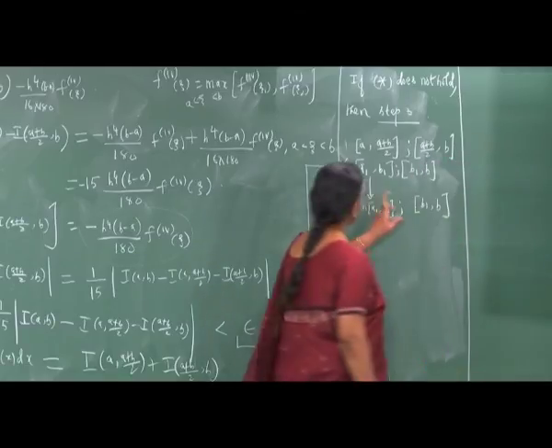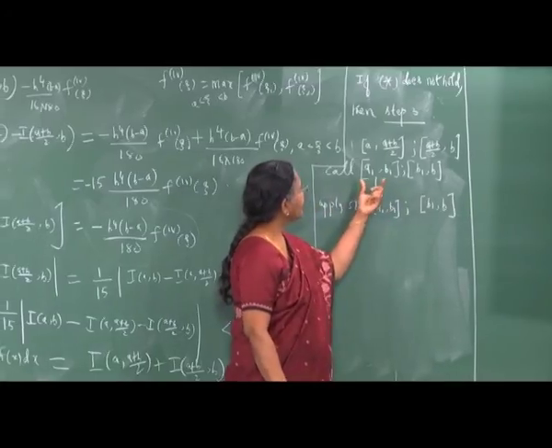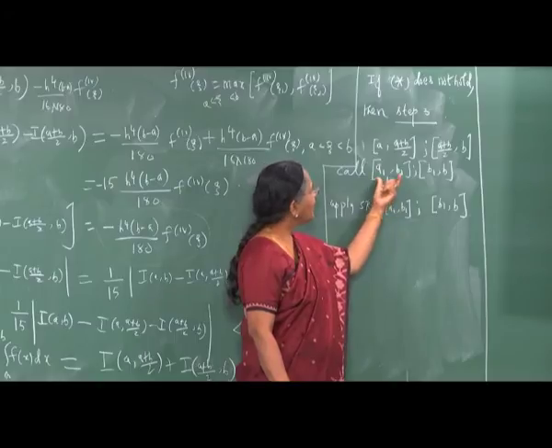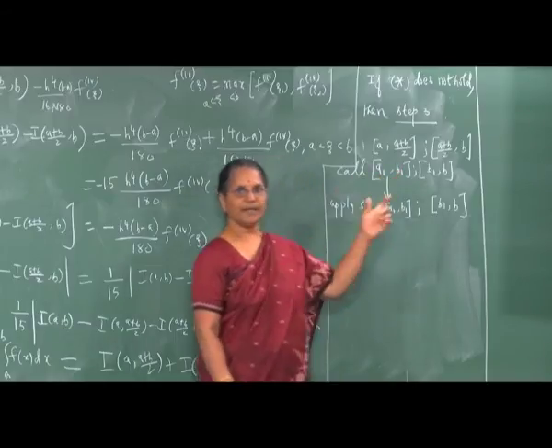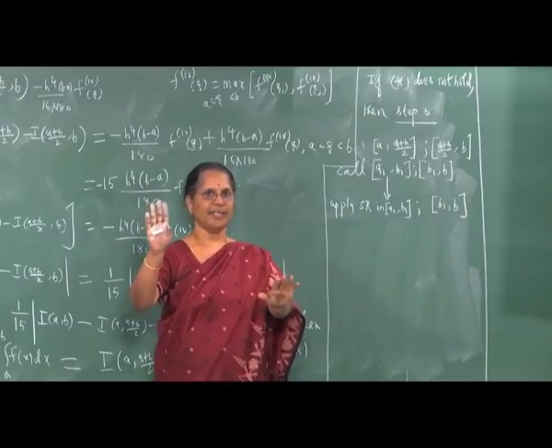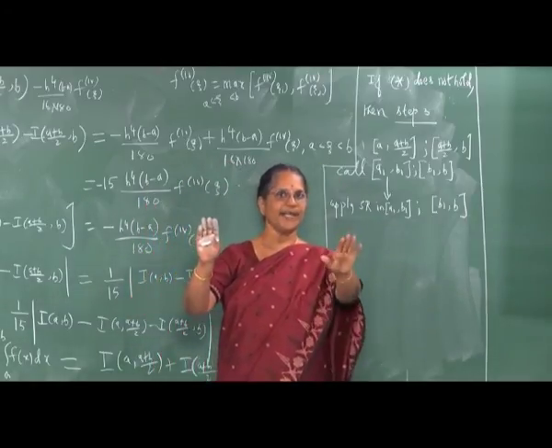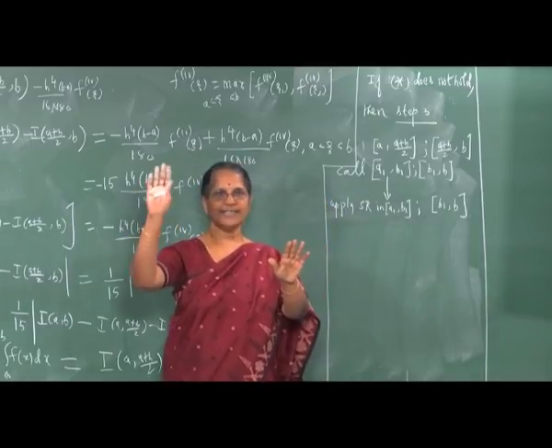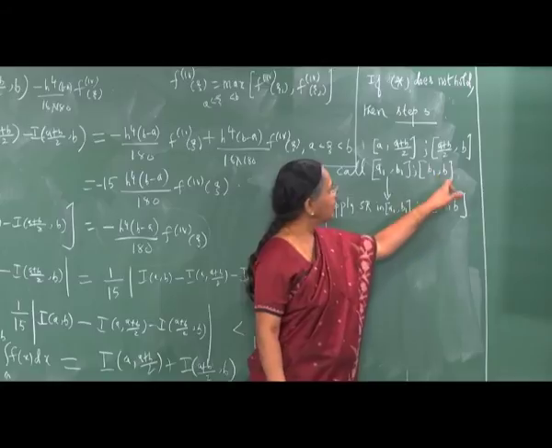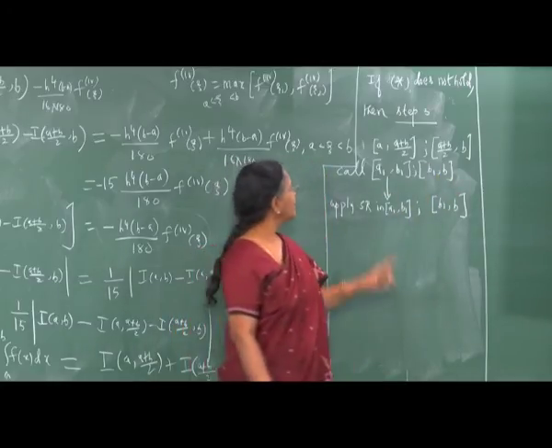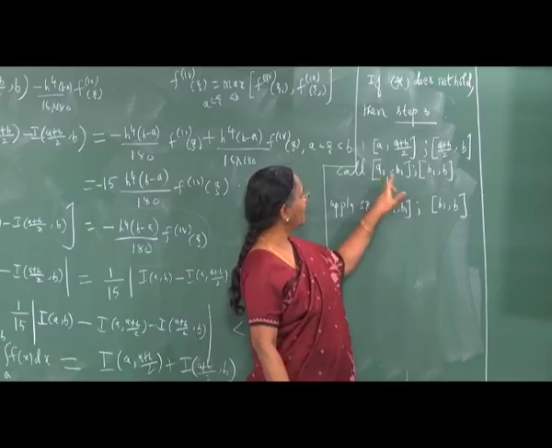So, now you have to do two things at this step. Your interval now is a1 b1 to start with. So, there are two parts to it. One is you should apply Simpson's rule to interval a1 b1, and the second part is apply Simpson's rule to b1 to b. Let us first do the first part. So, apply Simpson's rule to a1 b1.